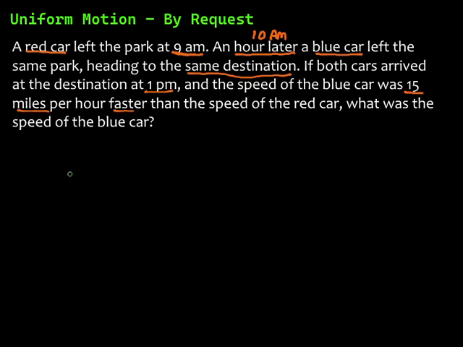So let's just imagine that we have our trip right here, and the red car is starting right here. I'm just going to label it red, and it's leaving at 9 a.m. It's going to travel, and both cars arrive at 1 p.m. So when it gets over here, it's going to be 1 p.m. Then we've got the blue car, which is going from the same place, but it leaves an hour later.